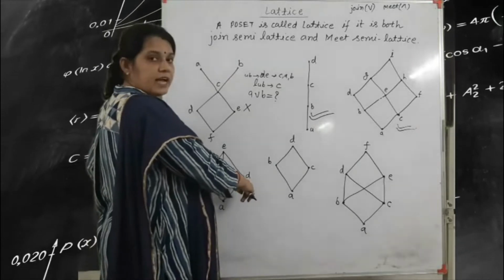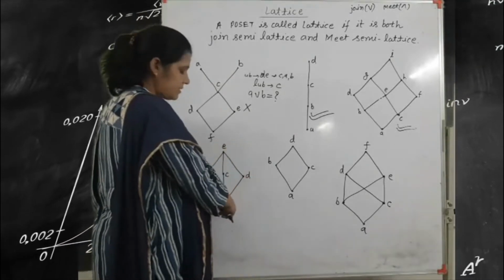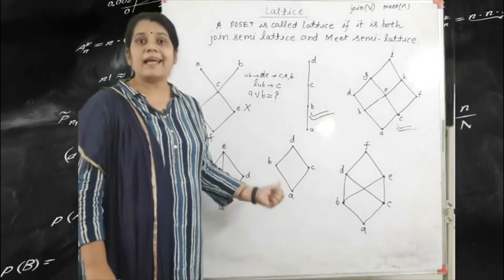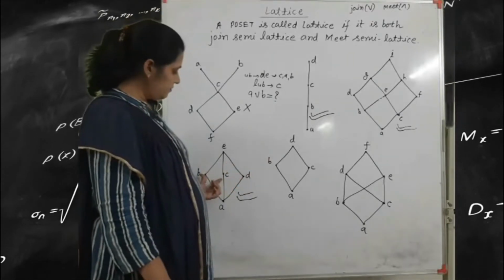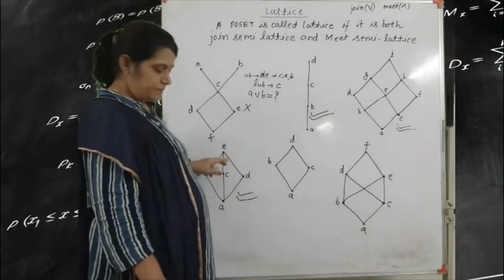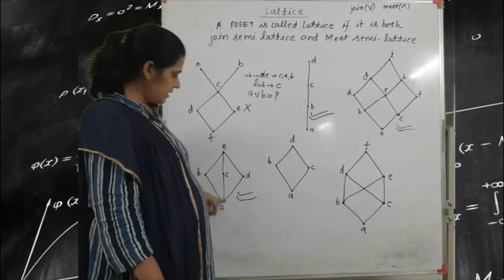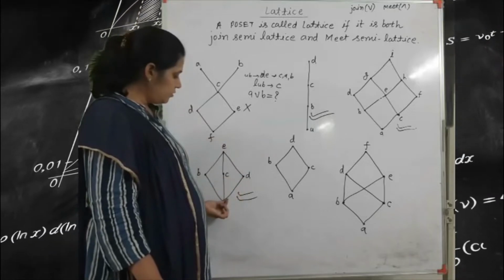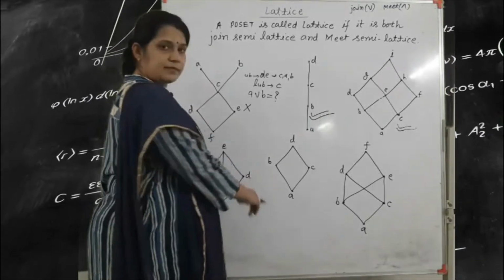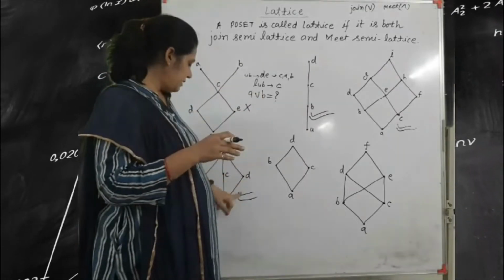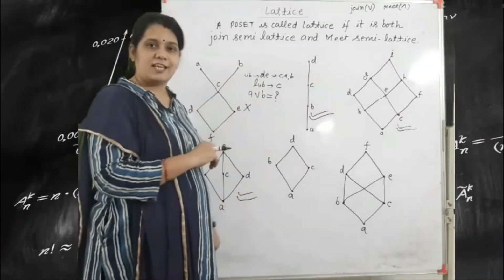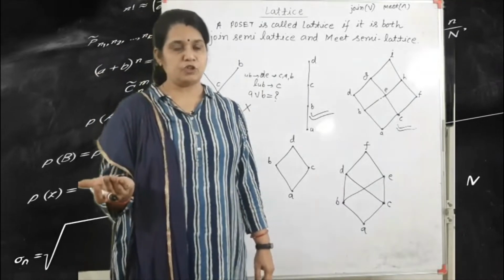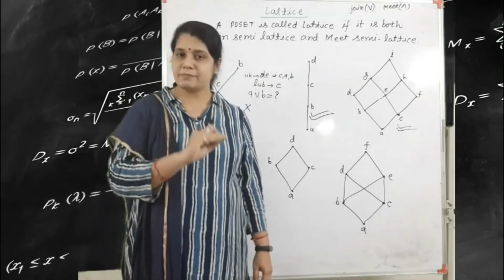If you consider B and C, the join is E and the meet is A. For C and D, the join is E and the meet is A. For B and D, the join is E and the meet is A. That means this diagram is also a lattice, because the join semi-lattice and the meet semi-lattice are both present here.